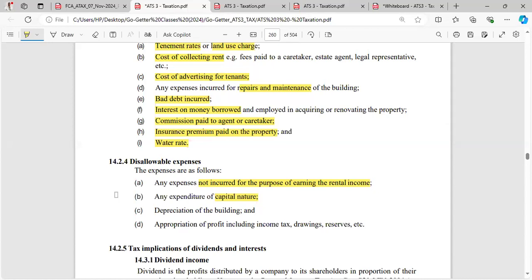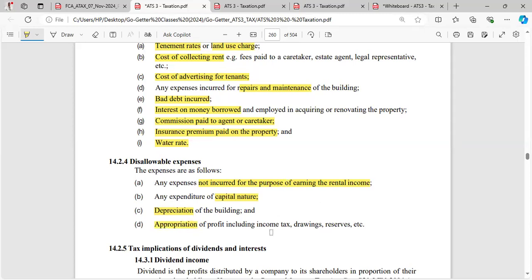Then we have depreciation of the building. Depreciation of the building is not allowable. Always, depreciation is disallowed. Then appropriation of profit. This is the part that the landlord enjoys. When the landlord collects part of the profit, it is not allowed.